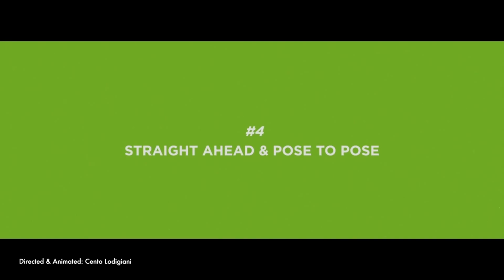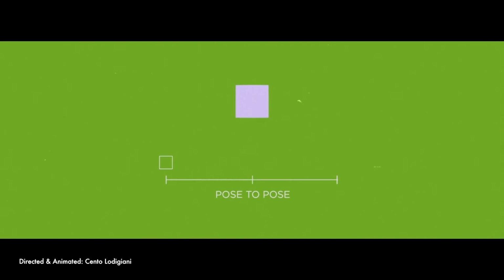Staging. It's the presentation of an idea so that it is clear. Straight ahead and pose to pose. Pose to pose is charted with key drawings done at intervals throughout the scene. Straight ahead animation starts at the first drawing and works drawing to the end of a scene.